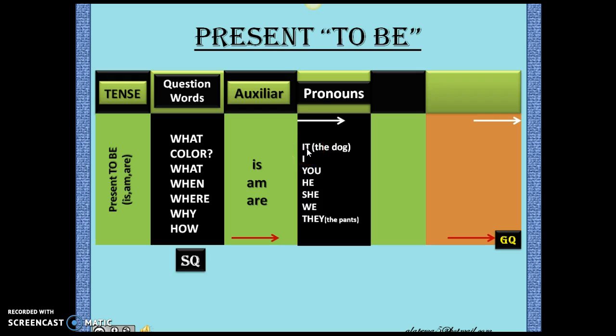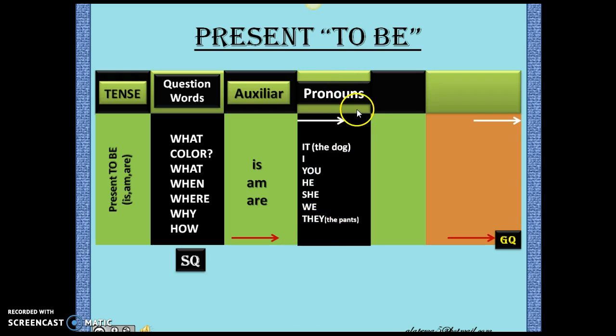In this case, when you are talking about an animal, a fruit, a place, something in singular, you have to use it. But if you are talking about things in plural, I mean animals, fruit, vegetables, things, places, you use they, okay? And we also use they for persons.